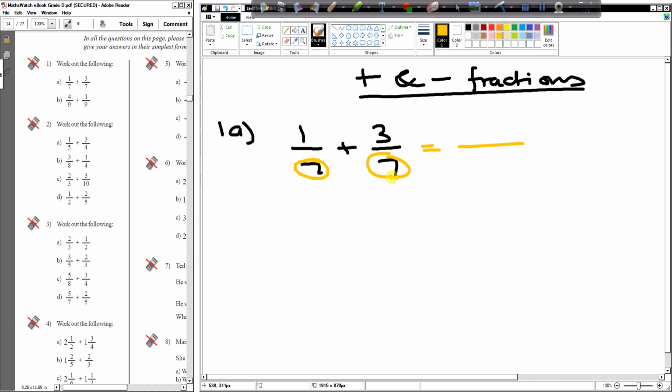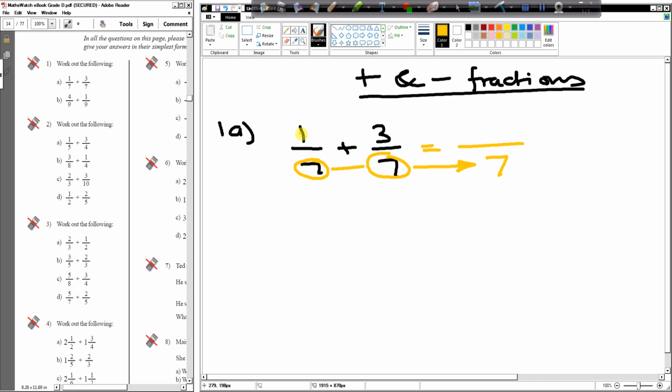So 7s and 7s, that's good. We never ever add or minus the bottom numbers. Write that down. We never ever add or subtract the bottom numbers of a fraction when we're doing addition and subtraction of fractions. As long as the bottom numbers are the same, that is what the answer will be in terms of.